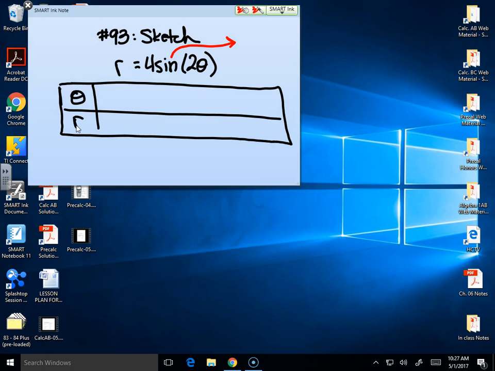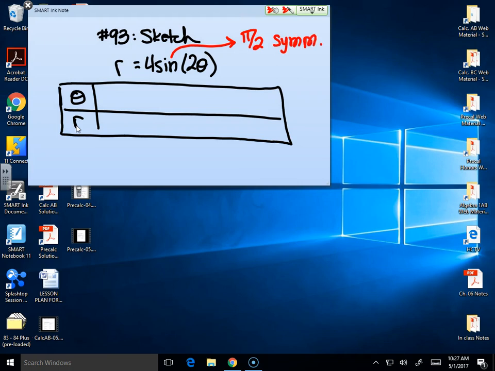Cosine is polar axis. There's pi over 2 symmetry. That could change your table, but let's just go with it like the way that I've been showing.